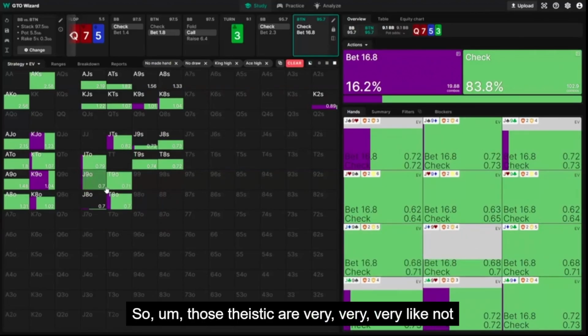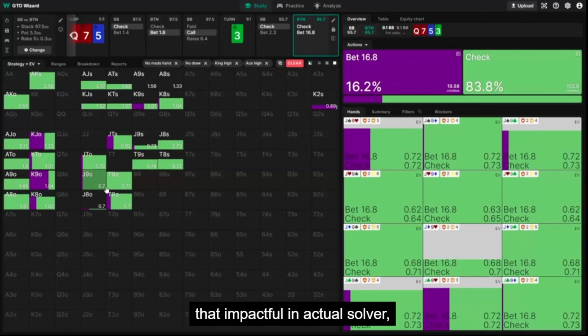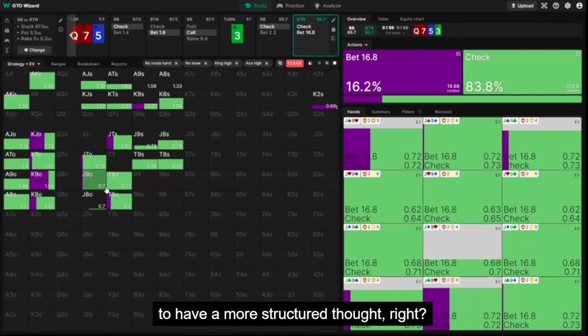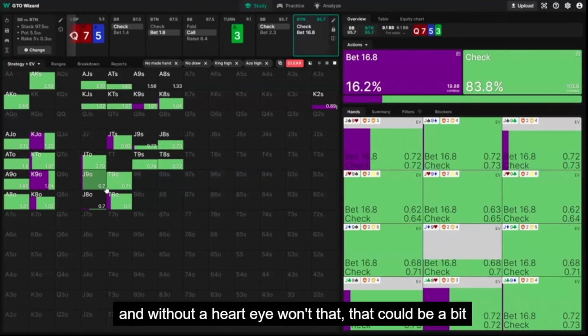So those heuristics are not that impactful in actual solver, but you can use them yourself if you want to have a more structured thought, right? Instead of spending 5 minutes building a betting range, it's just like, okay, when I have a heart, I'll just bet, and without a heart, I won't. That could be a bit of a quicker shortcut to it.